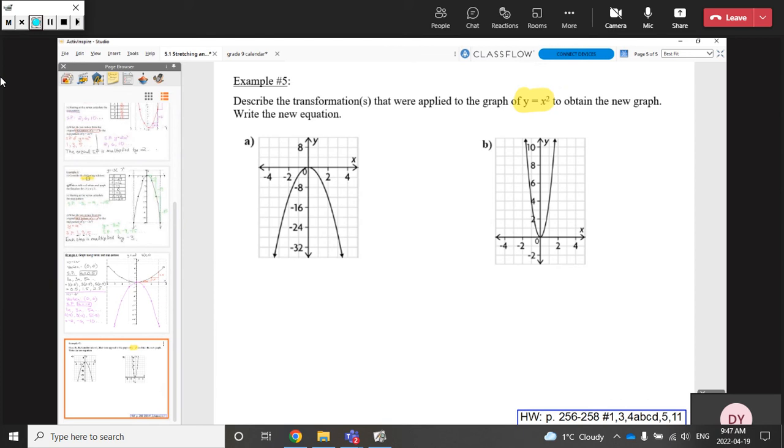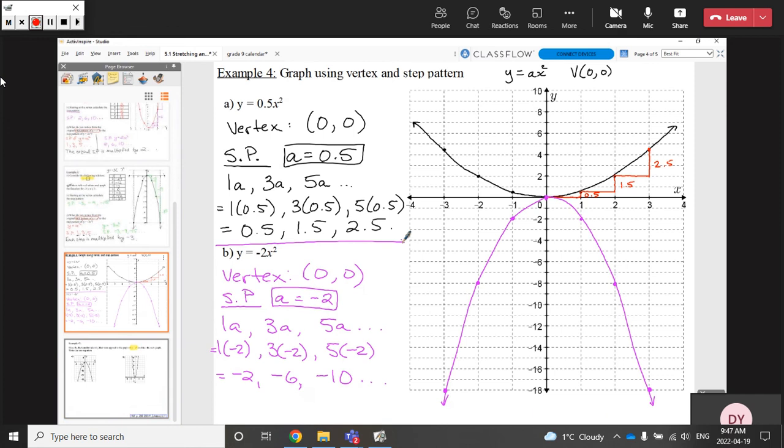Because we know the vertex here, it's just going to be written as y equals ax squared, but we need to determine the a value. That a value is what we multiply the step pattern by, so we can look for the step pattern in these and determine the a value.